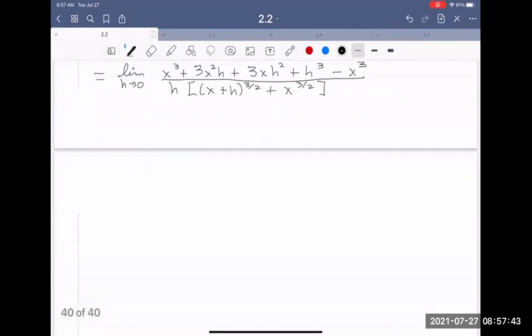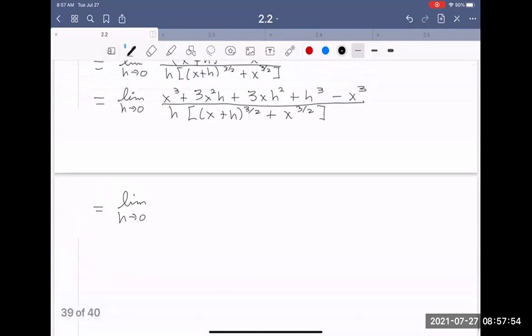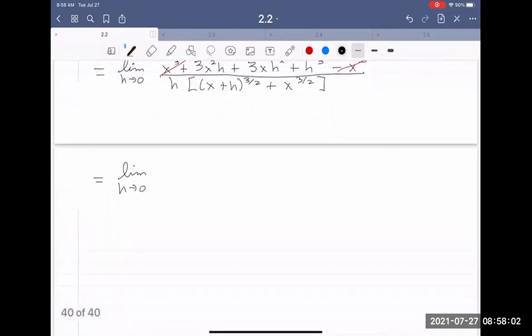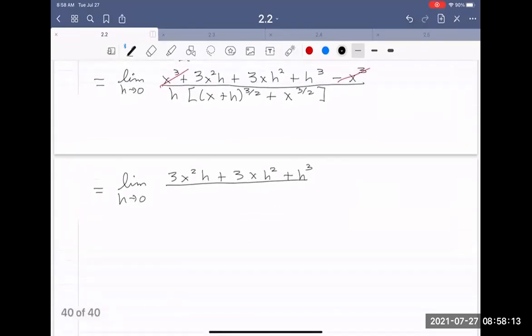So this is equal to the limit as h approaches 0 of, well, the x cubes cancel. So 3x squared h plus 3x h squared plus h cubed, all over h times x plus h to 3/2 plus x to 3/2.